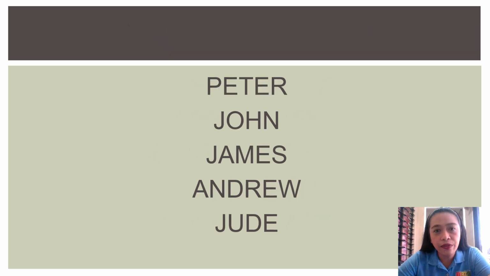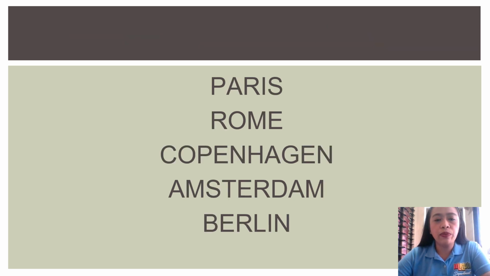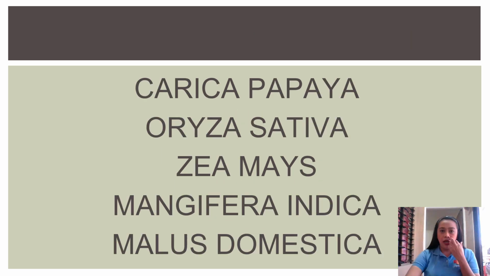Then we have Peter, John, James, Andrew, and Jude. Yes, they are disciples of Jesus. Paris, Rome, Copenhagen, Amsterdam, and Berlin. Very good. They are capital cities in Europe. Then we have Carica papaya, Oryza sativa, Zea mays, Mangifera indica, and Malus domestica.